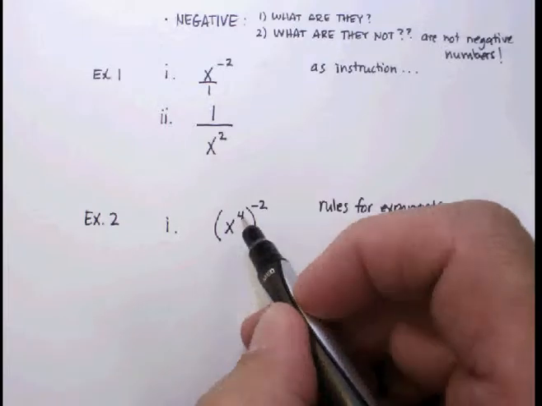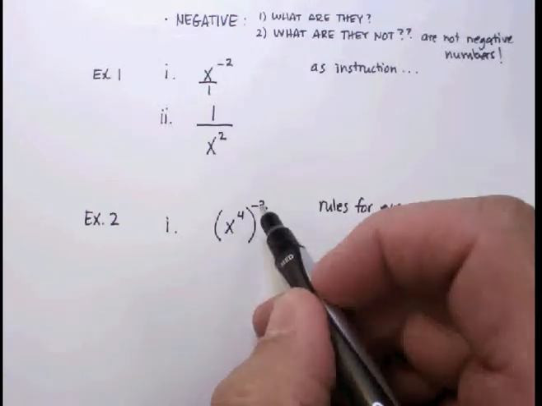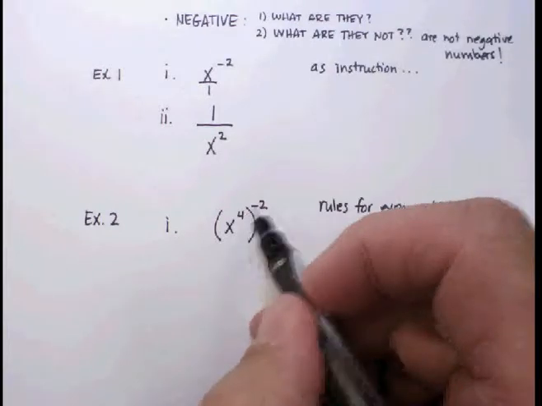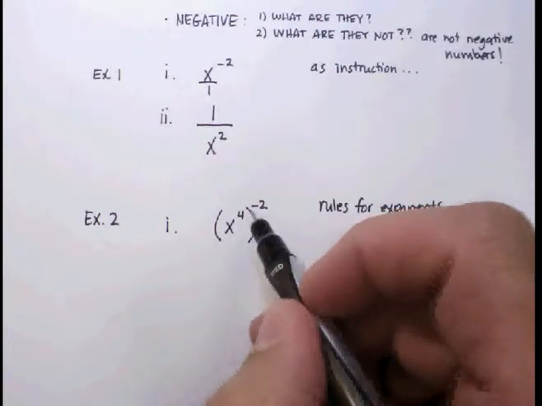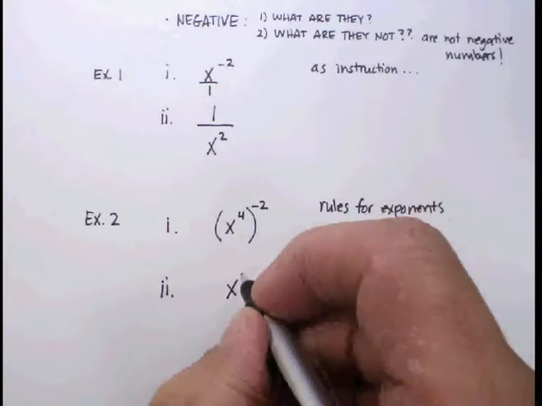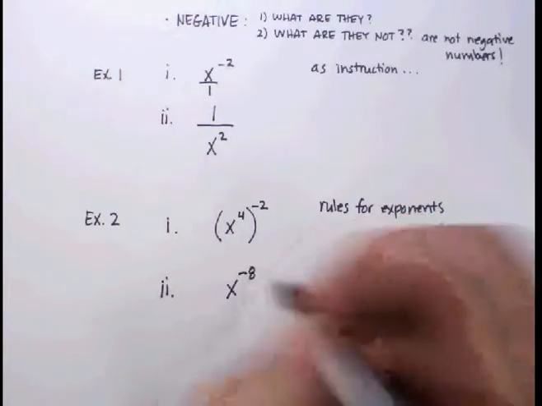When you're raising an exponent to another exponent, in this case x to the 4th raised to the negative 2, you multiply these two numbers. So I get x to the negative 8.